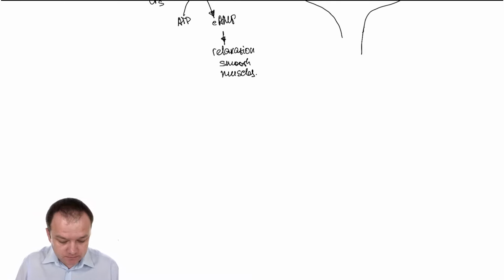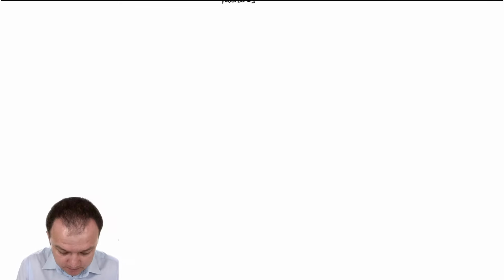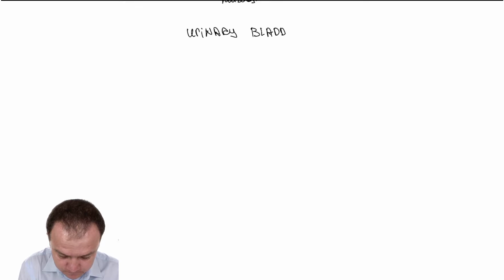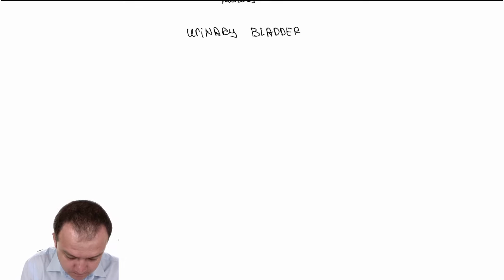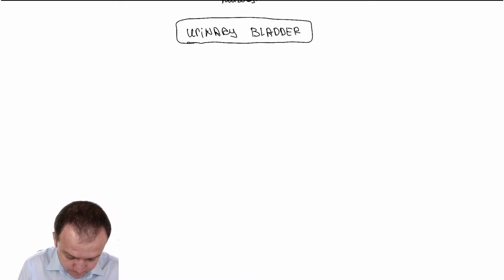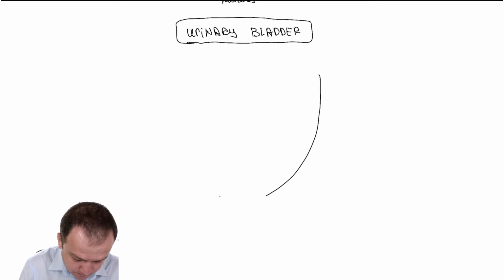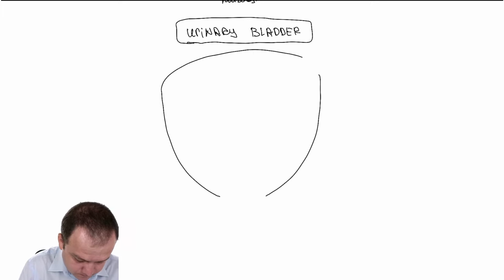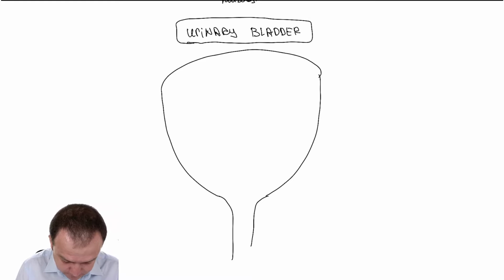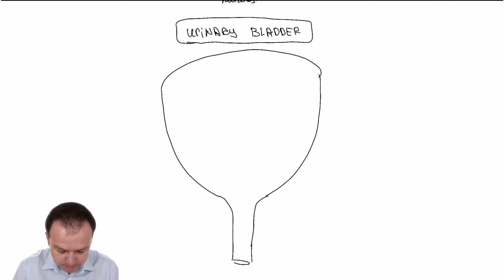Few words about the urinary bladder. What kind of receptors are here, and how does it really work?